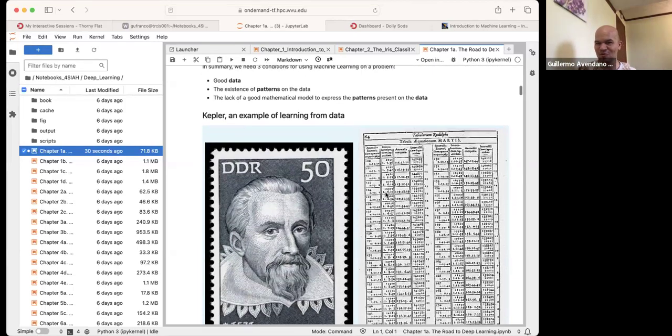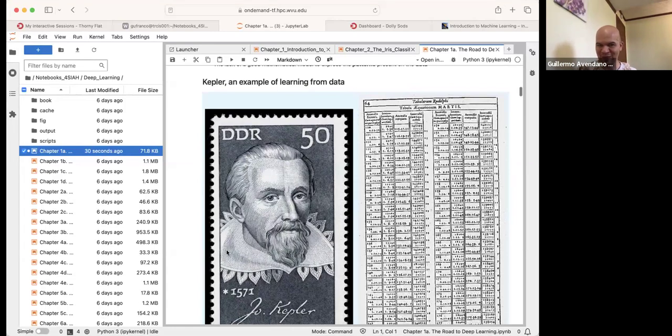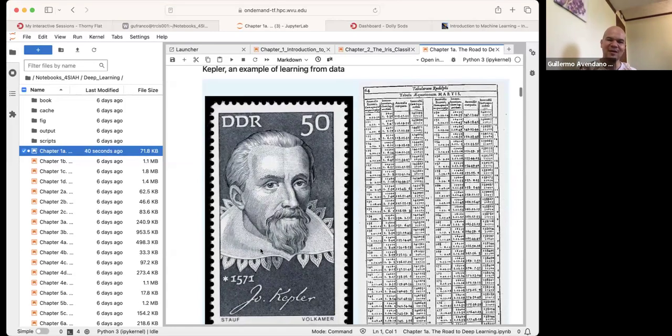And those are original tables. So imagine this guy here, Kepler, who took tables, measurements of Mars. This is Mars. So the positions of Mars on different nights, and you try to make sense of all that. Sometimes Mars goes forward, sometimes it goes backward.